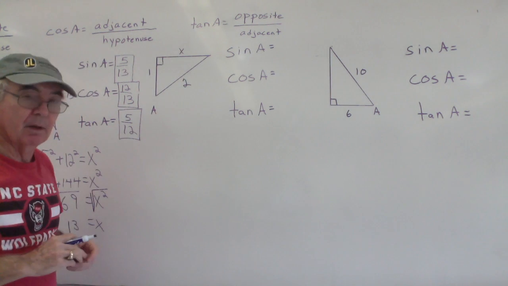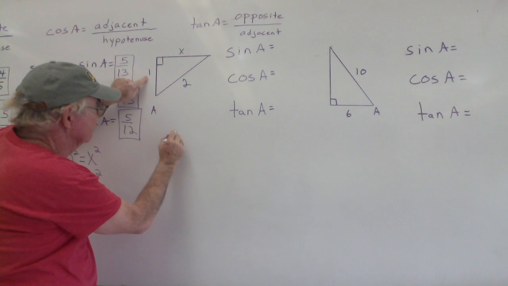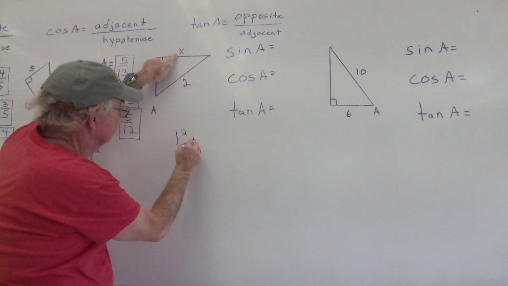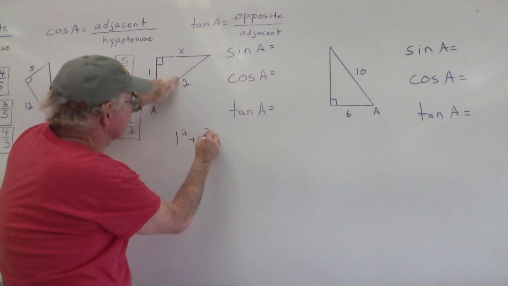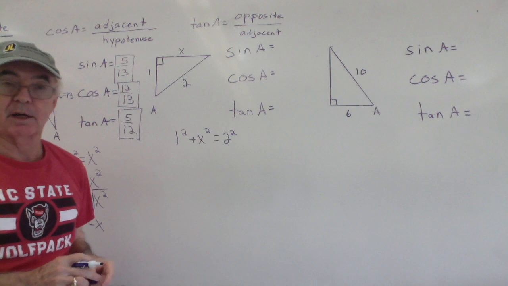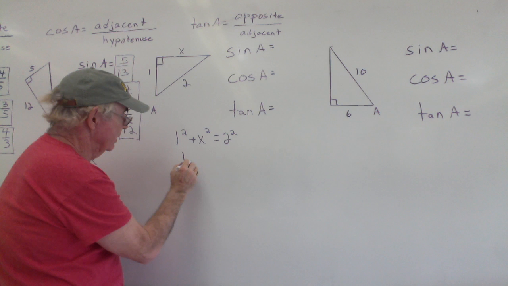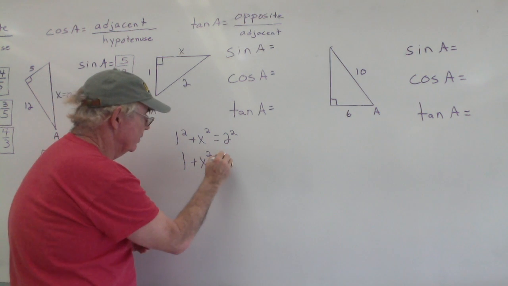Now, when we apply the Pythagorean theorem, we have leg squared plus the other leg squared is equal to the hypotenuse squared. And this allows us to solve for x. So we have 1 plus x squared is equal to 4.